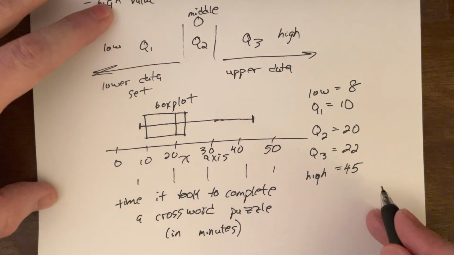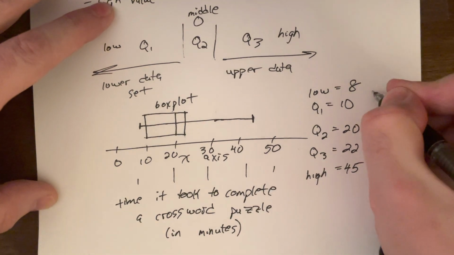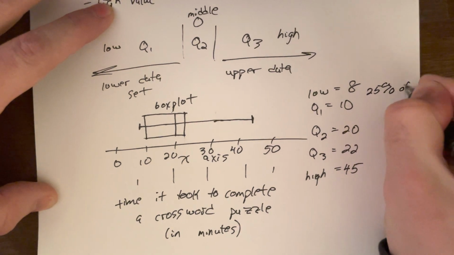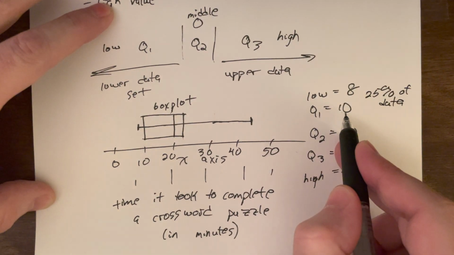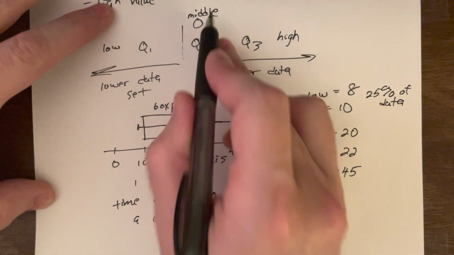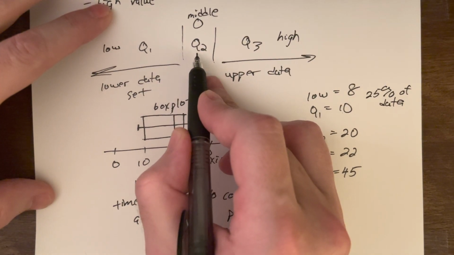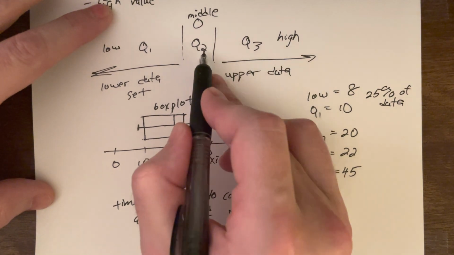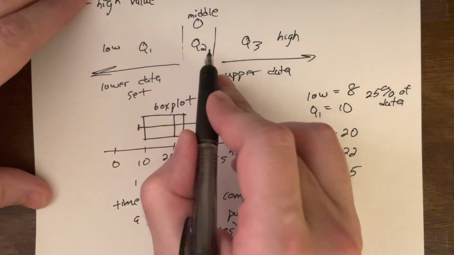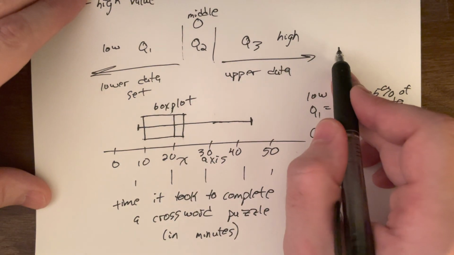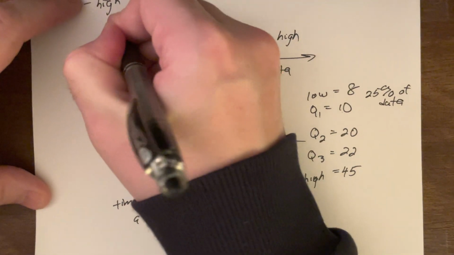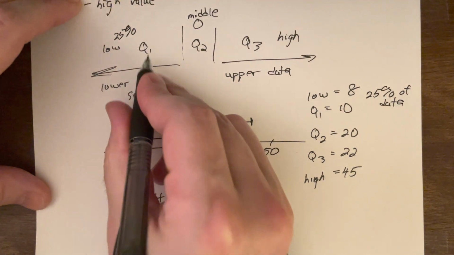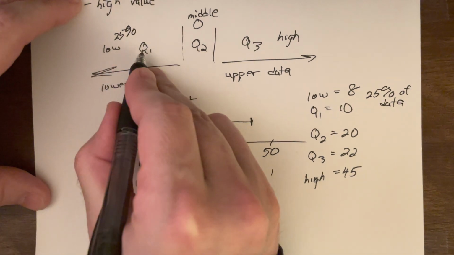Because everything is cut into these equal pieces so that 25% of the data falls between these 2 values, right? Go back to here. The second quartile, the median, is that middle marker. It cuts the data in half. 50% of the data below, 50% of the data above. But then Q1 does that same thing, but just in this lower data set. So that means 25% of your data comes between the low value in Q1.